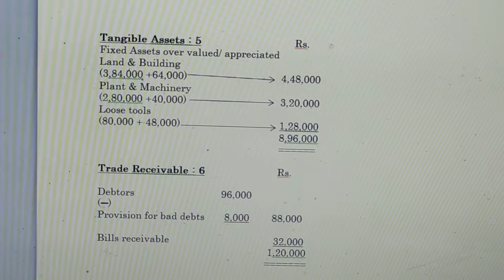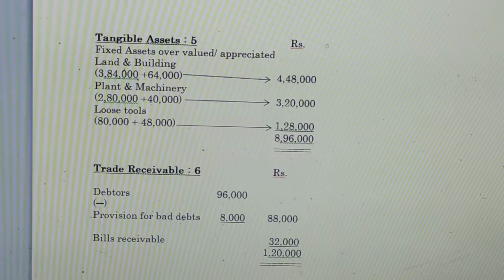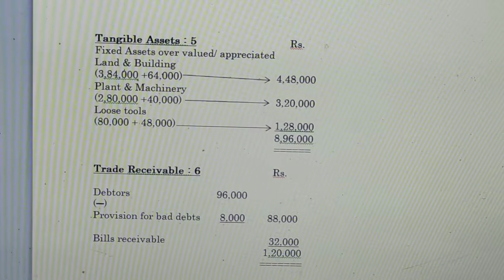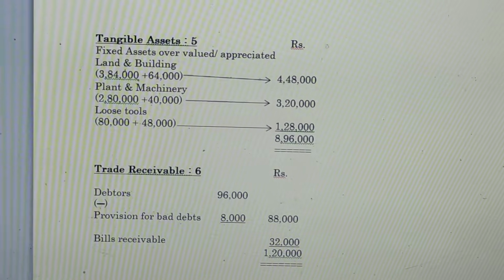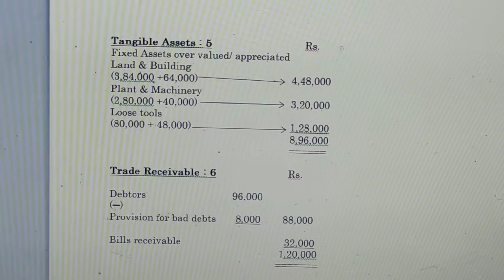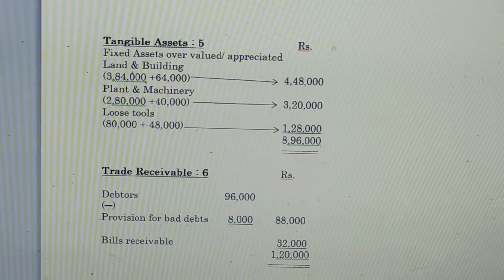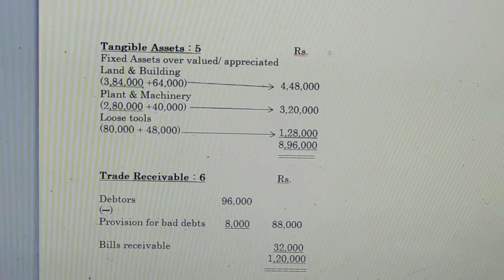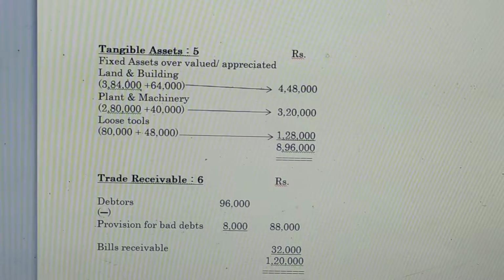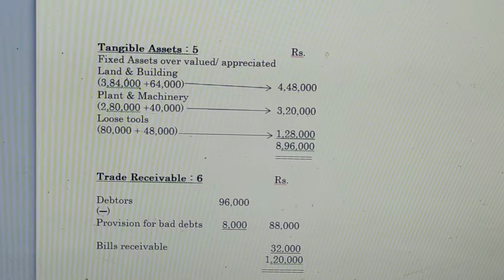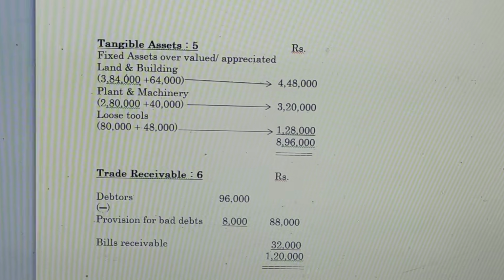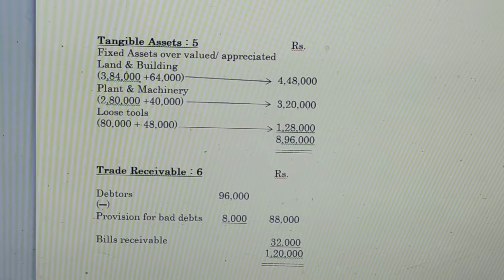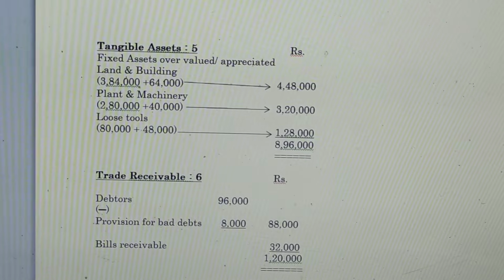So the total plant and machinery value is 3,20,000. And loose tools, the old value is 80,000 plus adjustment value 48,000. So the total loose tools amount is 1,28,000. Then we have to add this amount: 4,48,000 plus 3,20,000 plus 1,28,000. The total amount is 8,96,000. That is note number 5 total.